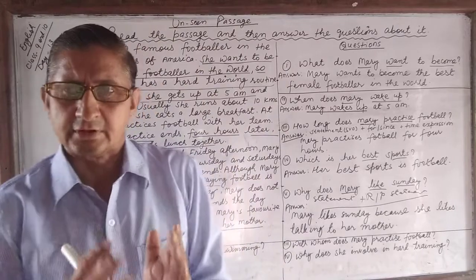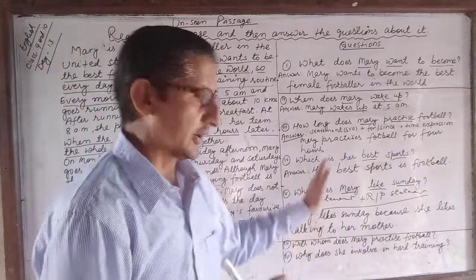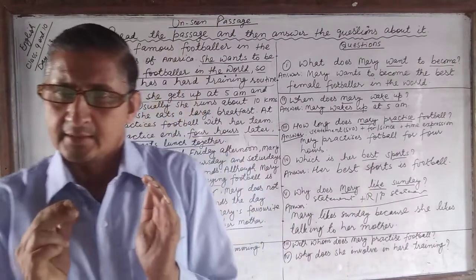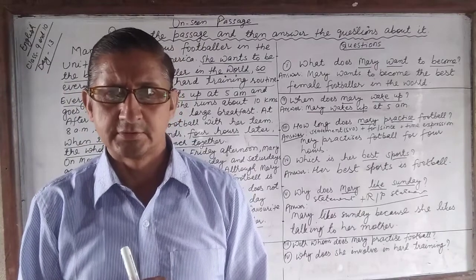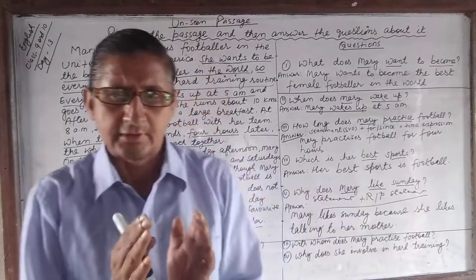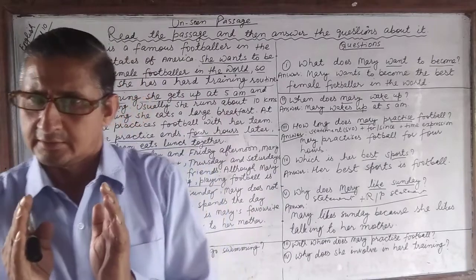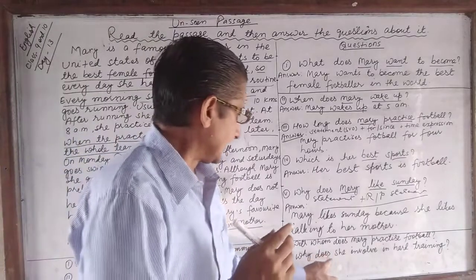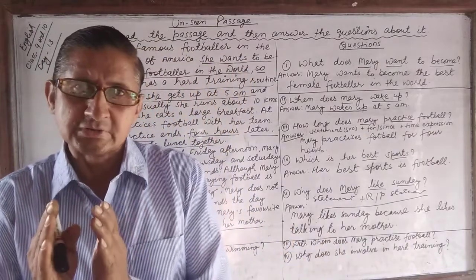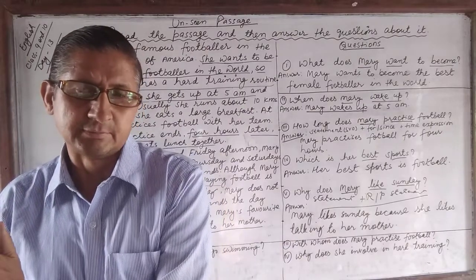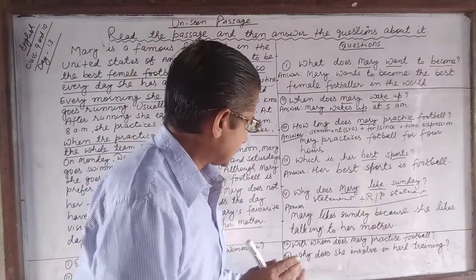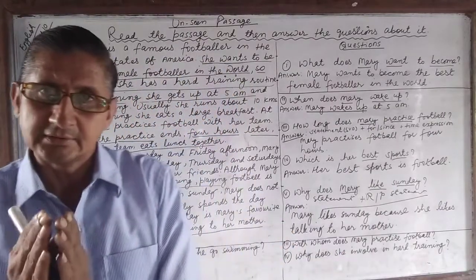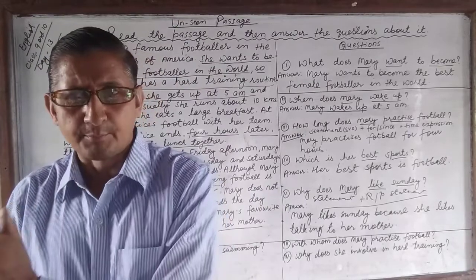And the last question is, why does she involve in hard training? The answer of why question can be purpose or reason. We have discussed it just now. This question is asking for purpose. So you have to write the answer using so that plus purpose statement. First we write the statement from the question, and after the statement we write so that, and then the purpose statement.